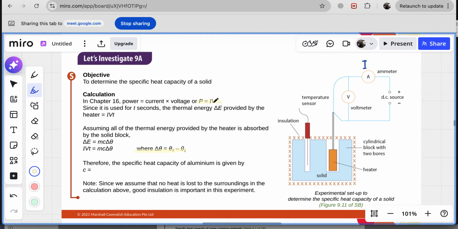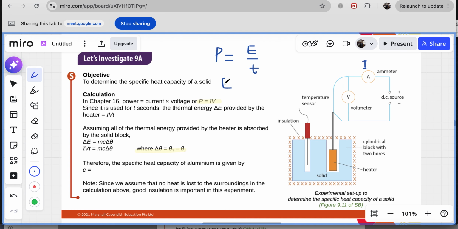So the power is calculated by the current times voltage. When you say IV, it means current times voltage. And the time used, you have to record the time. To get energy, you must multiply, because power is energy over time in physics.